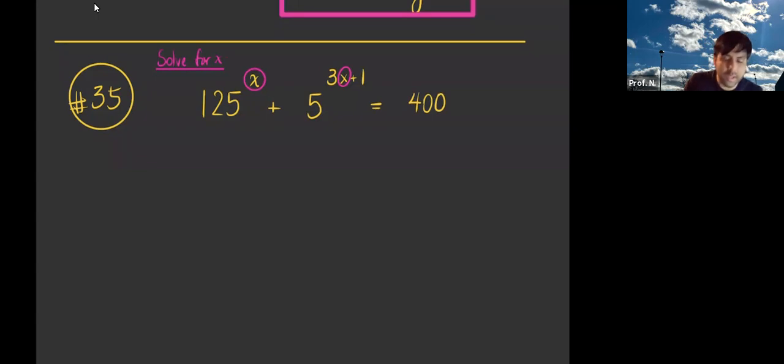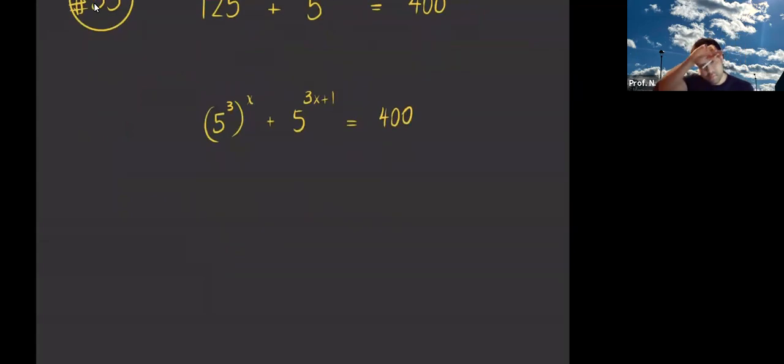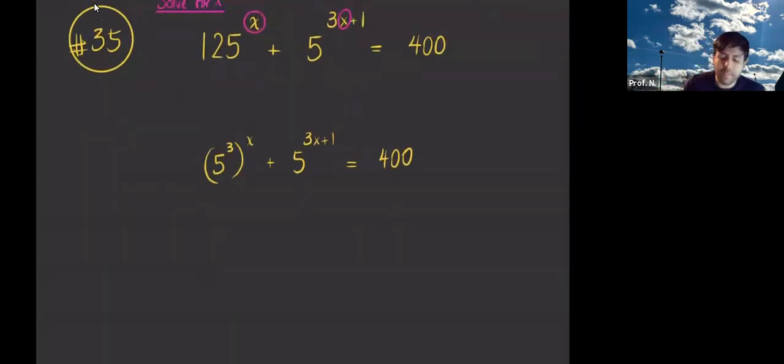So once I recognize that, I can rewrite 125 as 5 cubed, to the x power, plus 5 to the 3x plus 1, equals 400. And once you have 5 cubed to the x power, what do you know about exponents? You can multiply.